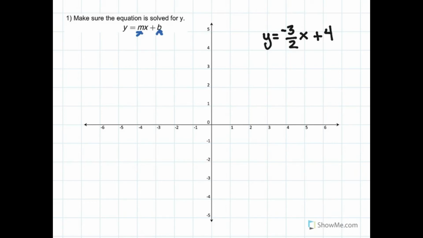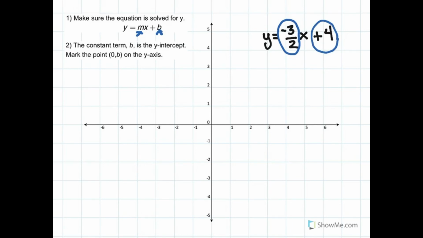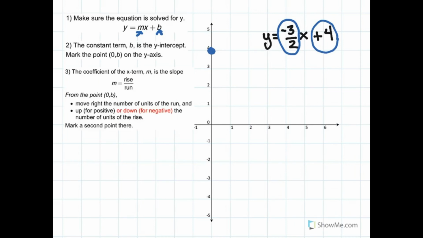And I do have that form. My multiplier is -3/2, and my constant is 4. Since I know that constant is where the graph goes through the y-axis, it's the y-intercept, or the starting point as we're moving in a positive direction, I'm going to mark it 0, 4 on the y-axis.